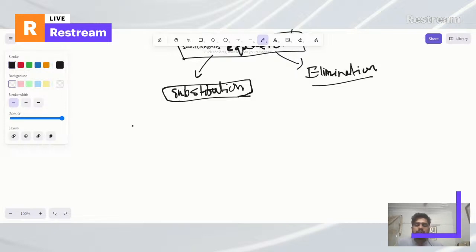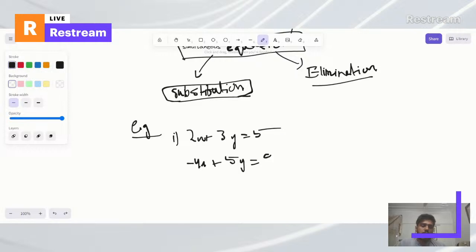All right, so let's say that I have two equations. I'm going to go on with just a reminder, a flashback of what we did last time. Let's say that we have two equations, 2x plus 3y equals 5. That's one equation. Now we have another equation, minus 4x plus 5y equals 9, right?